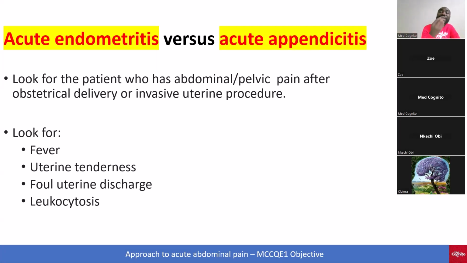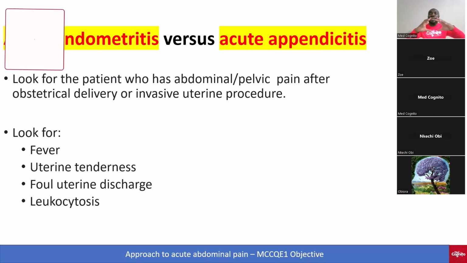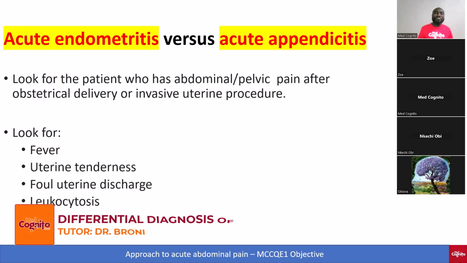Look for that patient who recently delivered a baby, or recently had maybe a therapeutic abortion, right? And then they present with fever, uterine tenderness, foul uterine discharge, and elevated white cell count. As soon as you see this, that patient has acute endometritis, not endometriosis, endometritis, inflammation of the uterine lining.